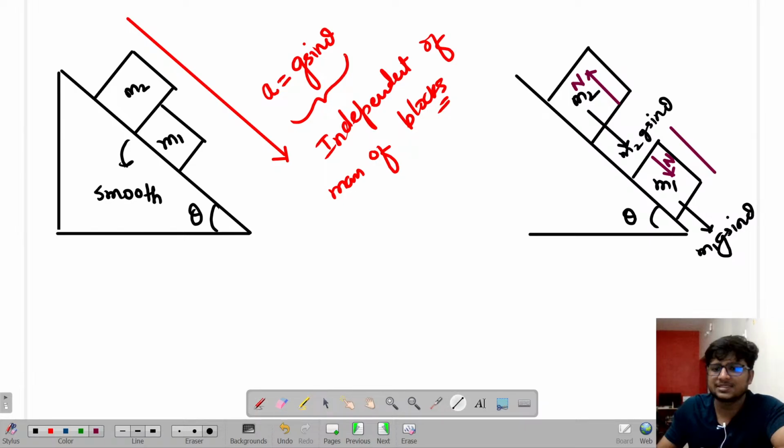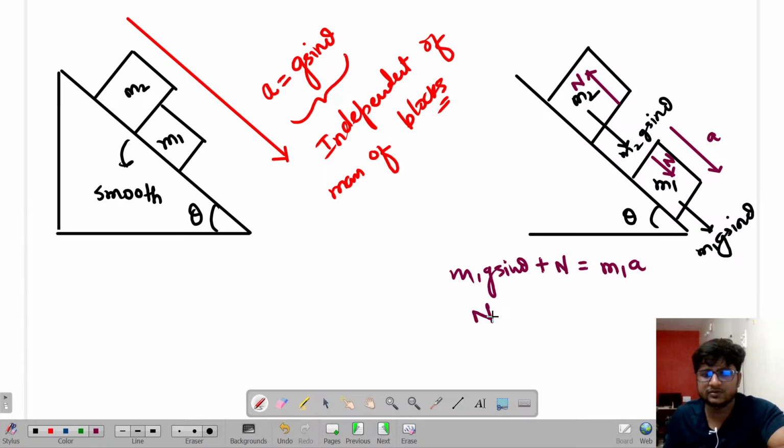I'll write its equation. The pulling force is m1 g sin theta plus normal N is equal to mass m1 into acceleration a, which is g sin theta. What did I find out? Normal to be 0.